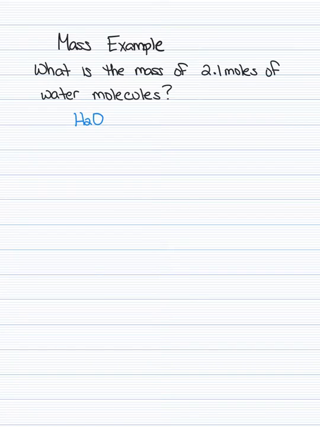When we add them together, our molar mass is going to be 18.015, and that's grams in 1 mole.